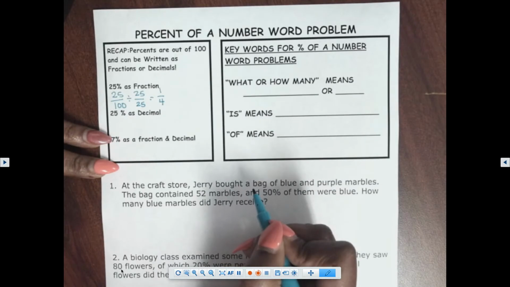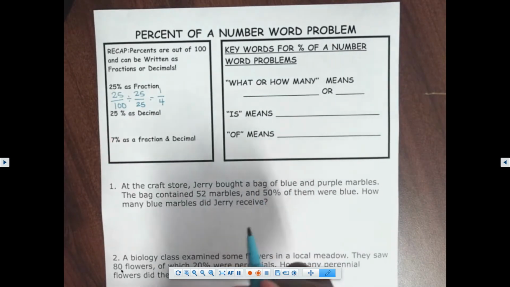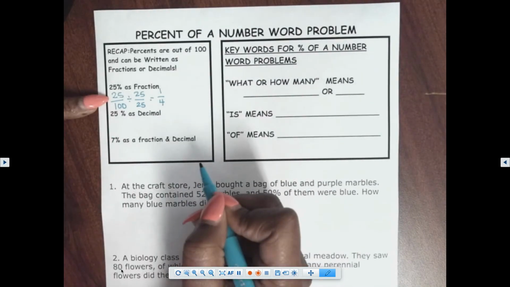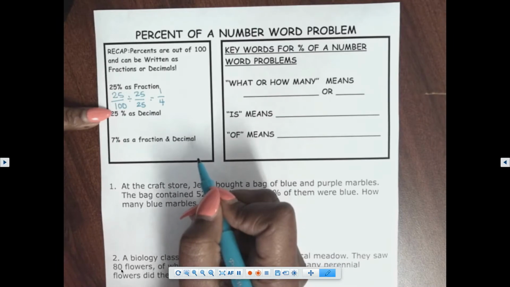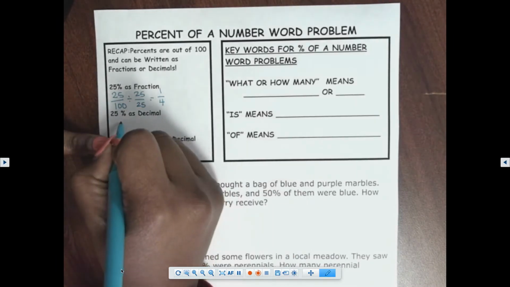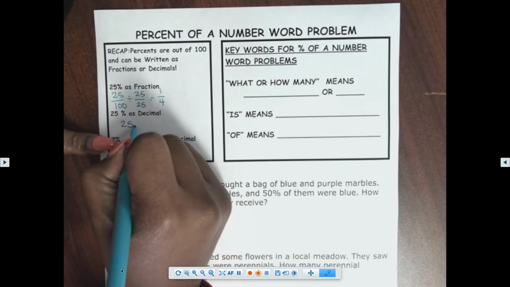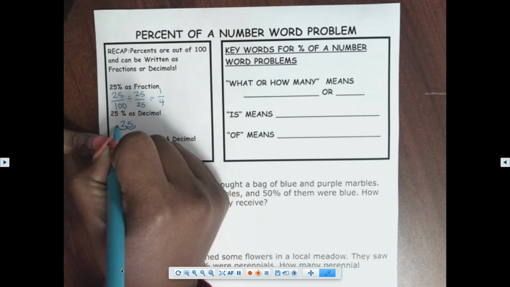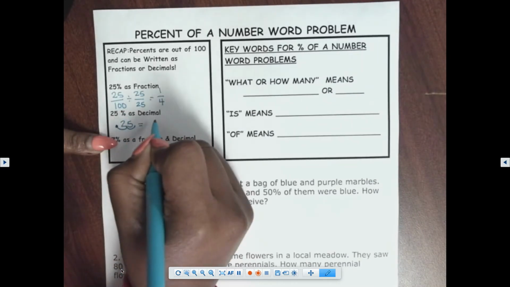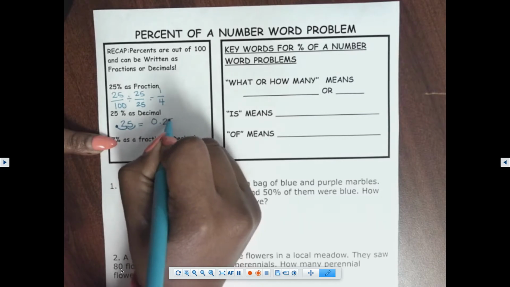Or I can do it as a decimal. You could divide 25 by 100 in your calculator, and that'll give you the decimal form. Or you can say 25%, remove the percent, bring it forward twice because it's out of 100, two zeros, and put your decimal. So this would be 0.25.